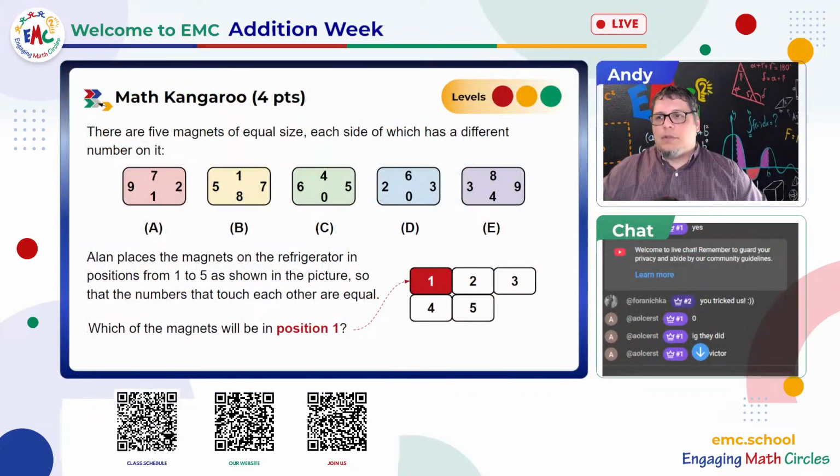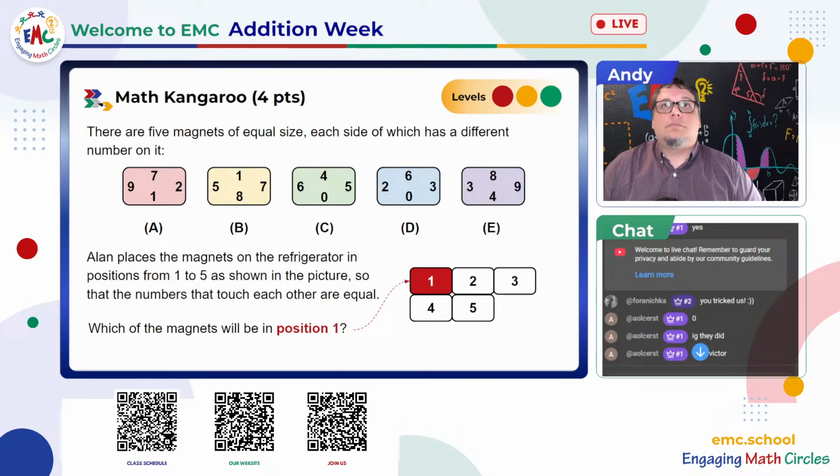Okay, chat, it's time for our puzzle. Wow, interesting. This one is similar to Math Kangaroo, yes. So, should I read it? Sure, go right ahead. Okay, Math Kangaroo, 4 points.